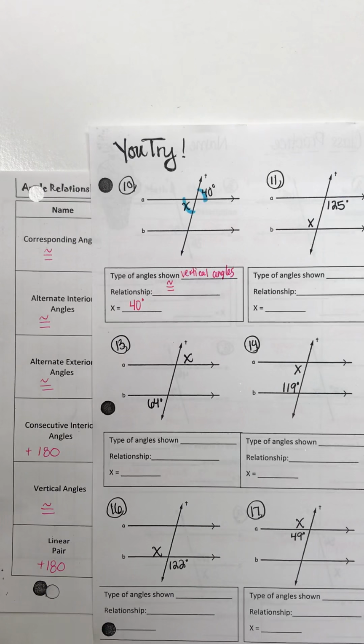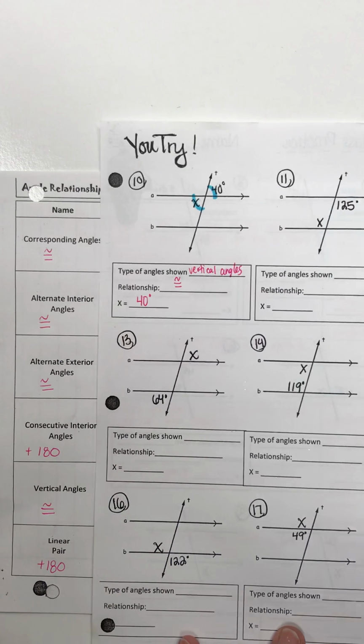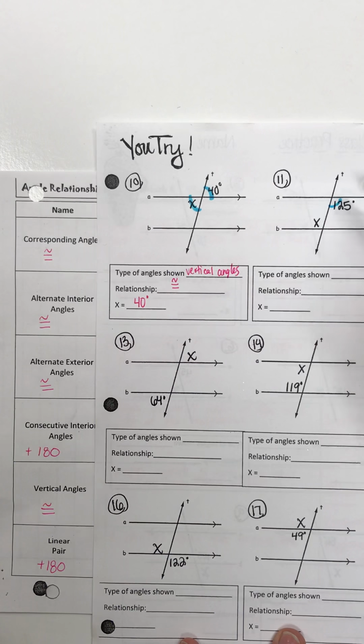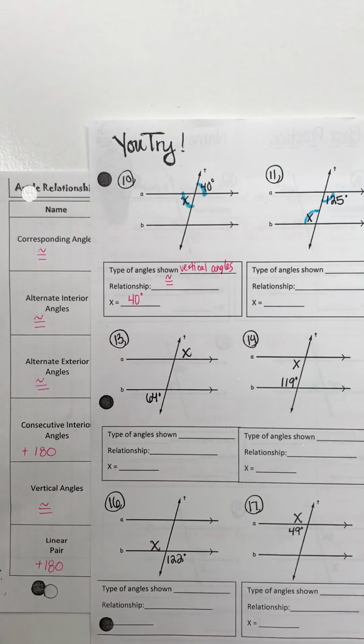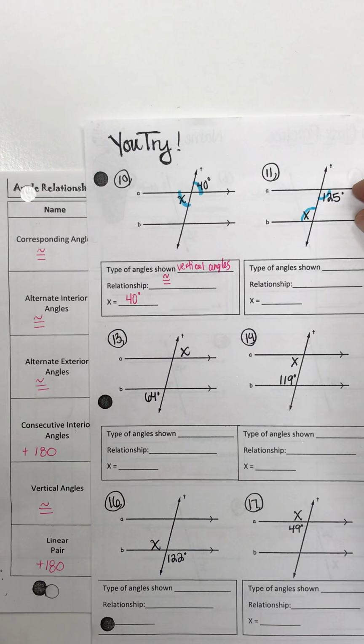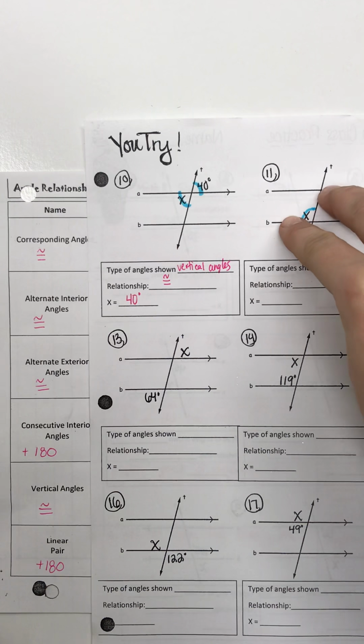If I look at number 11, I'm going to highlight the angles that are given to me. I'm given 125, and I'm given x. This just helps me visualize what relationship I'm looking for. And I'm noticing that they're on the inside of the parallel lines on opposite sides of the transversal.